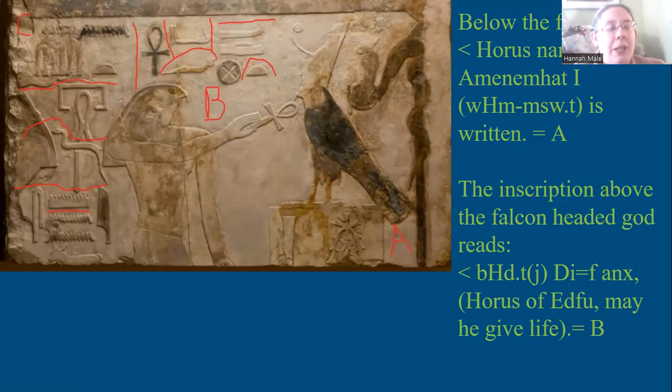And so that deity Horus is giving the Ankh to the ruler Amenemhat I. So his name would be here, but it's cut off. And so it's Amenemhat I in the form of Horus the hawk.